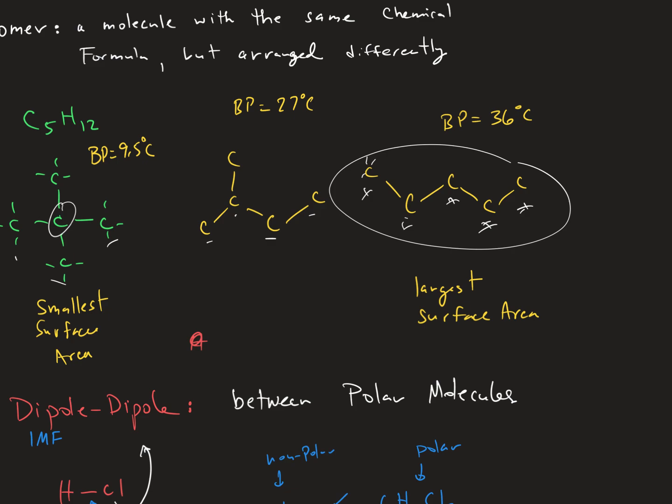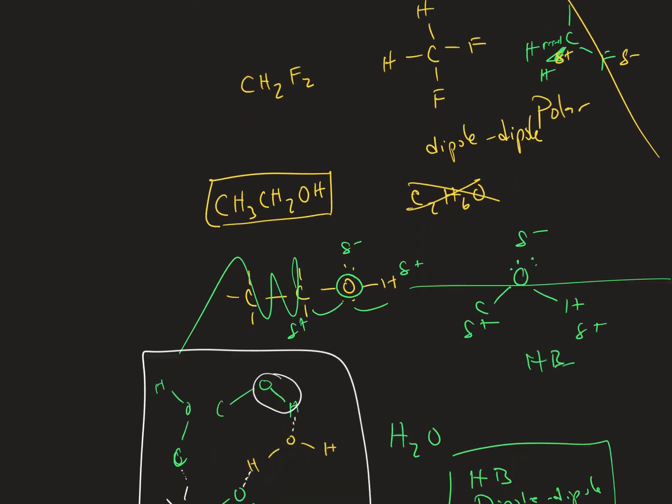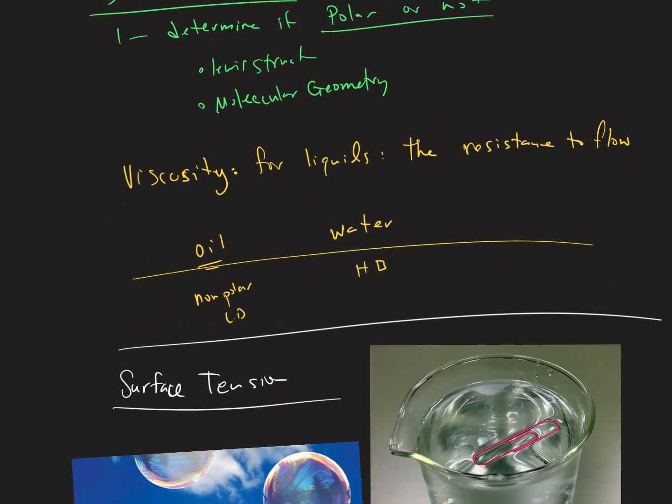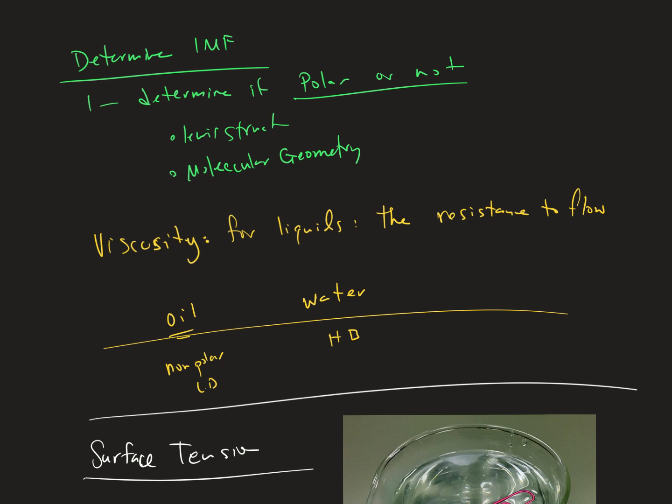Okay, that makes sense. So in general, the example that I picked out of my head was not a good example. So in general, the higher the intermolecular force, the higher the viscosity.